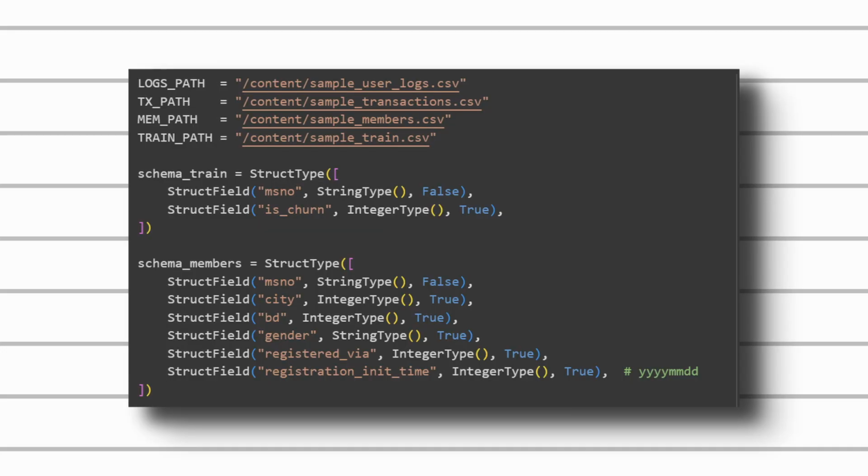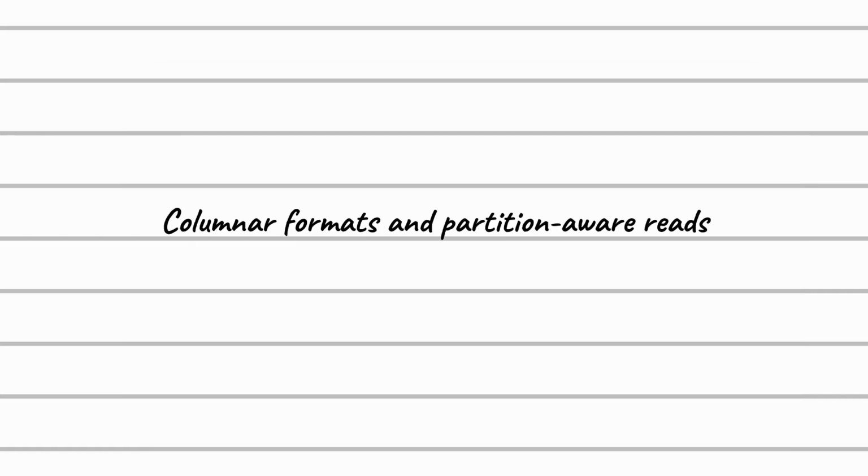It's a best practice to tell Spark upfront about the data types that you're using. So in KKBox, in our project, we knew date should be a date type and the serial number should be a string.